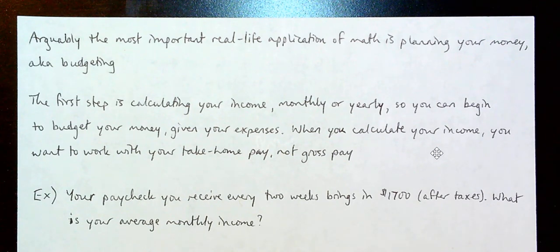That's how much money you get after all the taxes are taken out, after health insurance gets taken out of your check, and if you have money taken out of your check for a retirement account of some sort, that's all taken out. What you actually see inside of your savings account or your checking account is going to be your take-home pay.